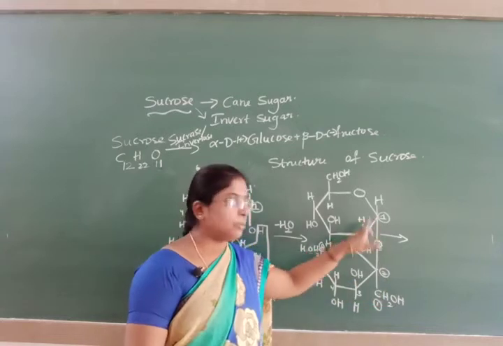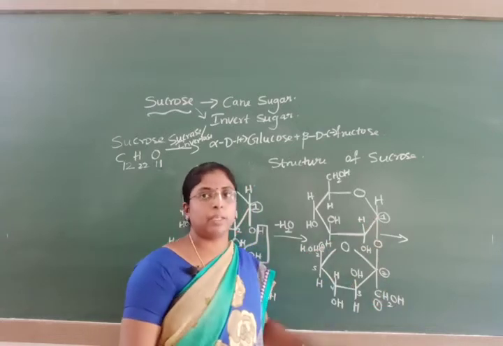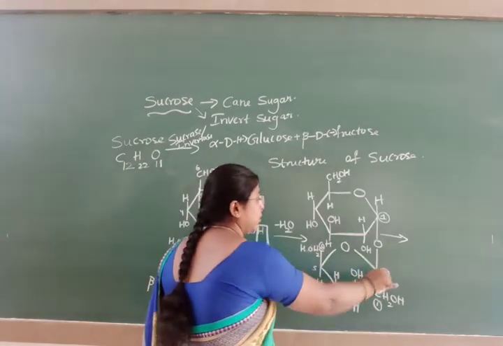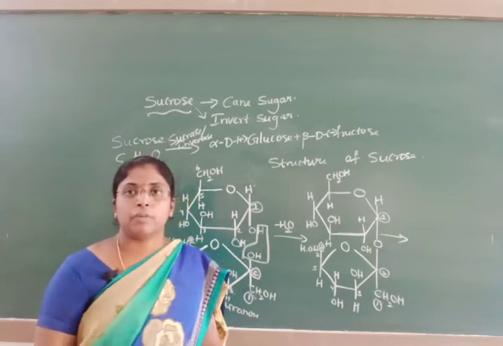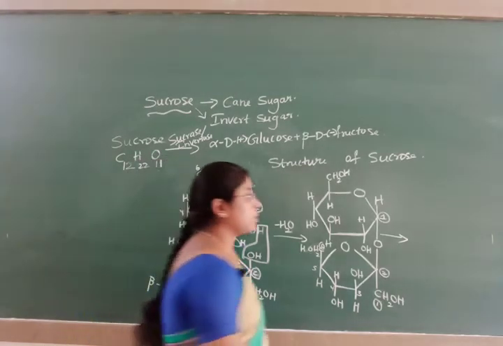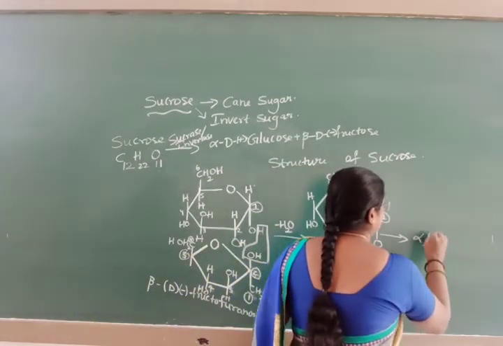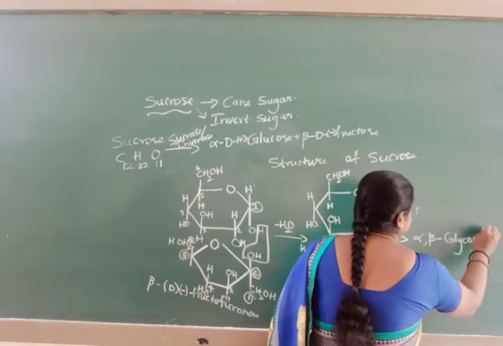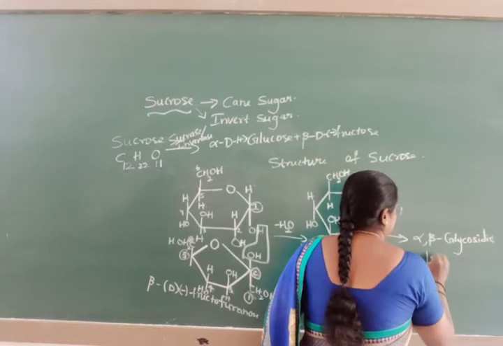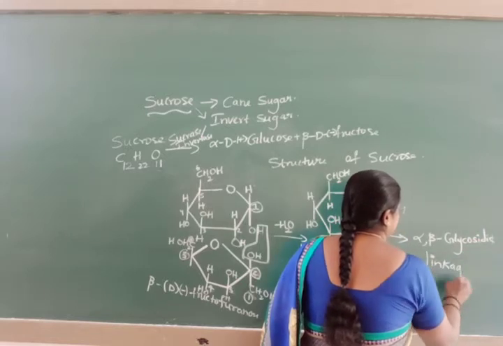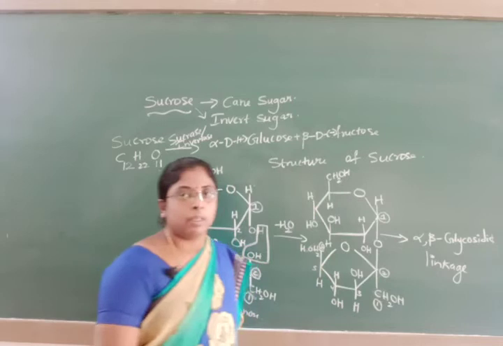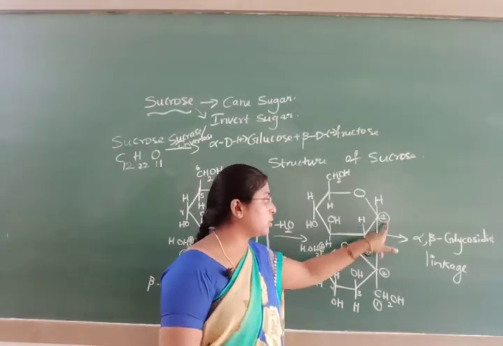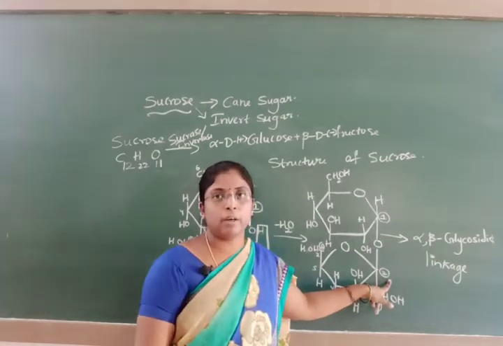Since glucose is the alpha form and fructose is the beta form, this glycosidic linkage from C1 to C2 will be an alpha, beta glycosidic linkage, formed between C1 of alpha glucose and C2 of beta fructose.